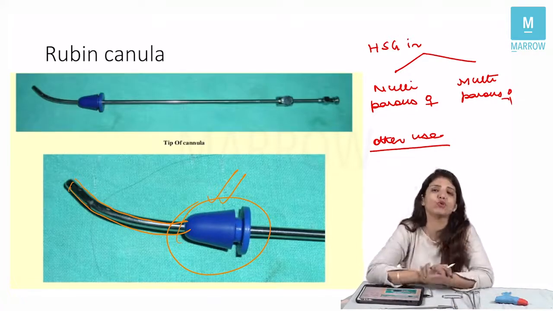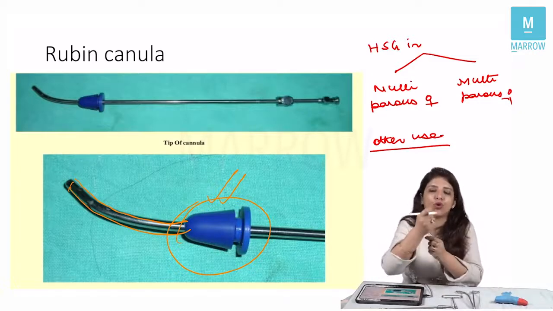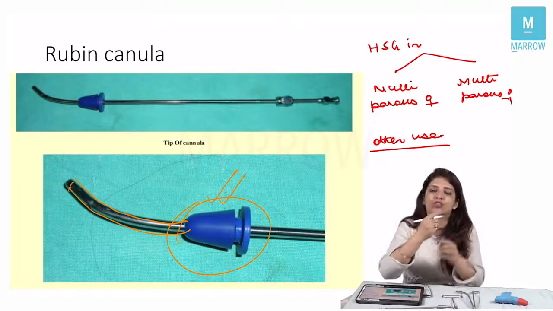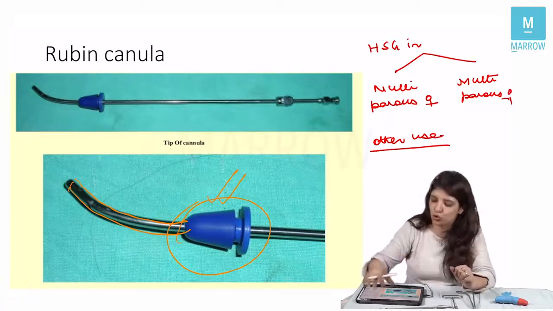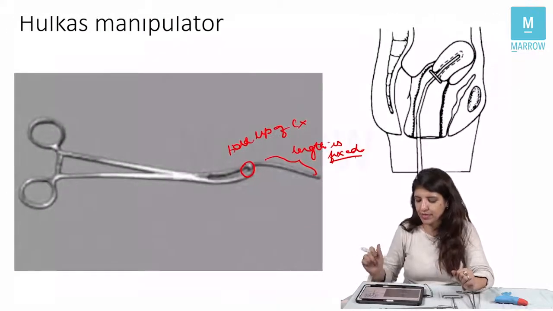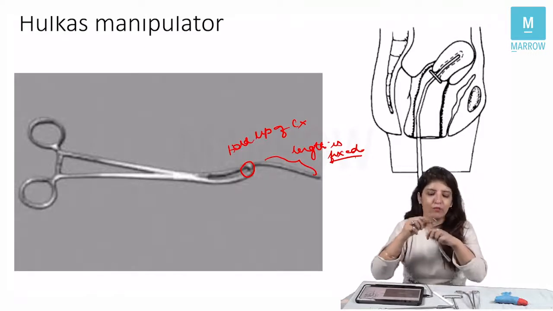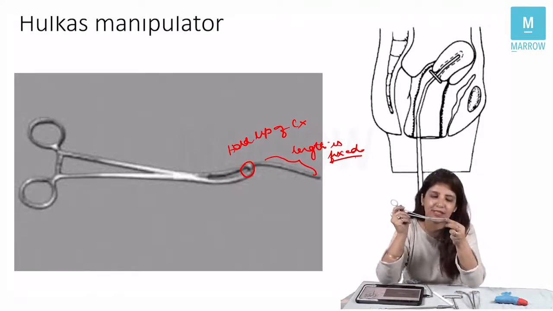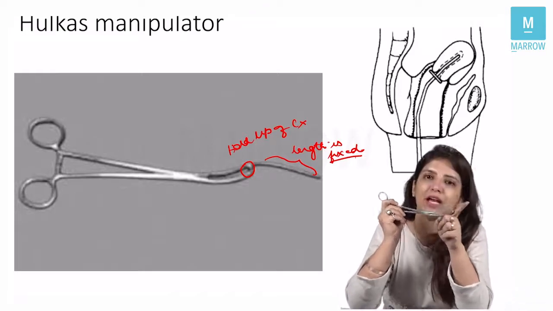Now, if I want to manipulate the uterus, to turn the fundus or turn the uterus during surgeries, we use Hulka's manipulator. This is the image of a Hulka's manipulator. It is something like a Wall's speculum, but it will have a long rod attached to it.